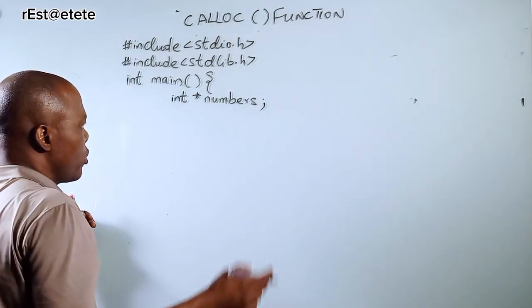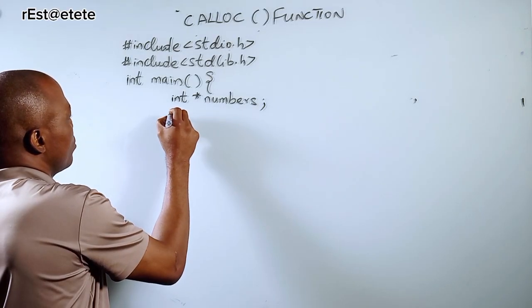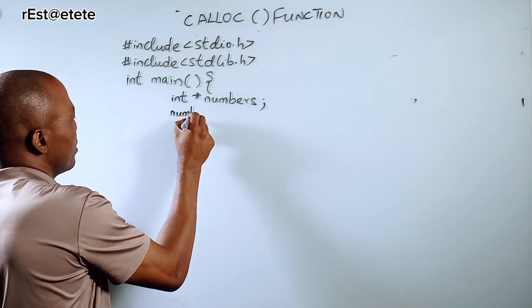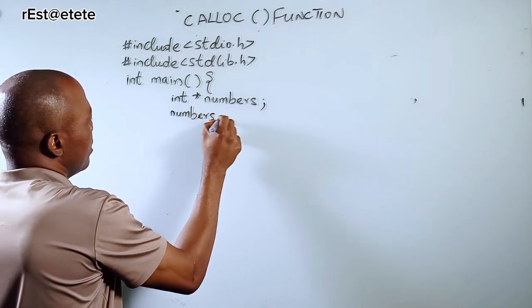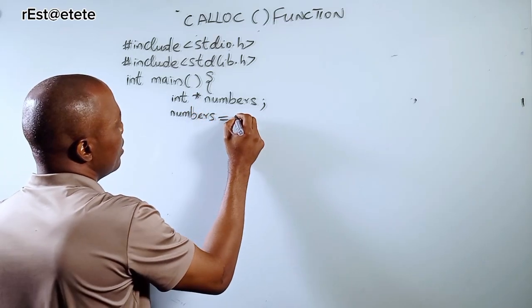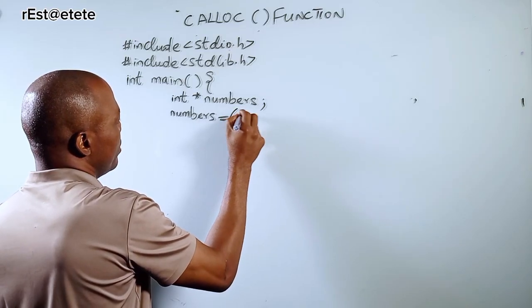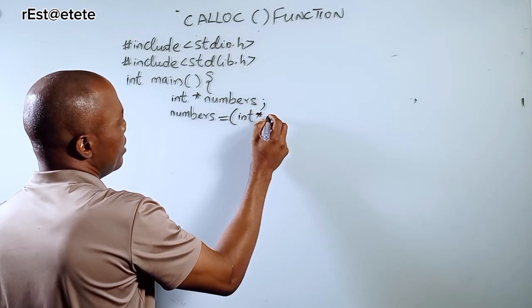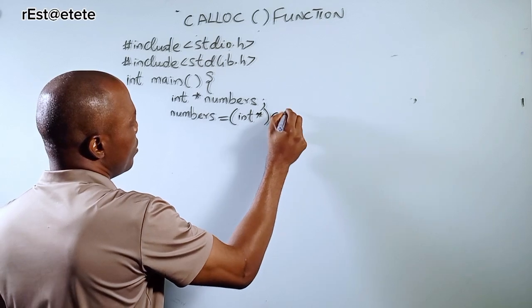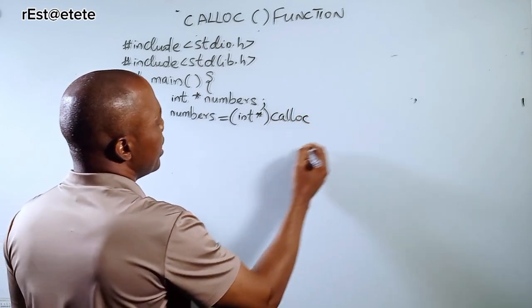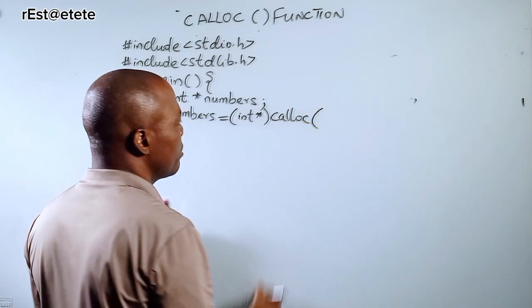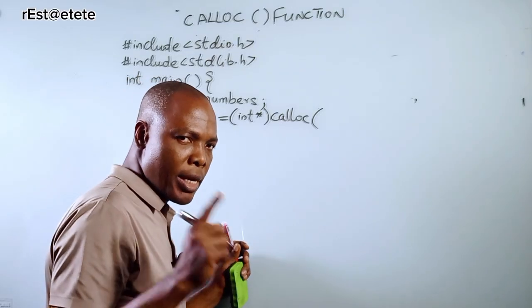So the most important line is what we want to write now. Numbers assign. Here I'm also going to typecast: int pointer calloc. So instead of malloc, calloc. Then inside the brackets, same 3 elements.